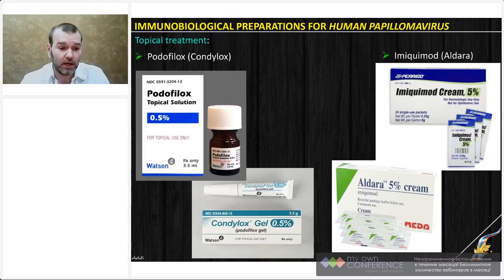It can suppress viral growth and remove the wart, but of course that process is not very fast, and usually several weeks are required to remove the skin wart. And we have imiquimod, or Aldara, the trade name of the drug. Again, it is available as a cream for local application, but the course of therapy can be kind of long.